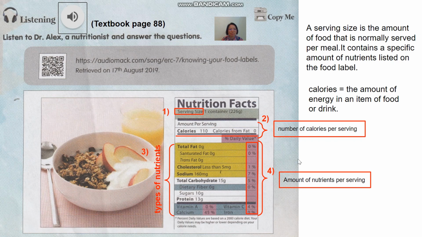Do you know what is the meaning of a serving size? Serving size is the amount of food that is normally served per meal. It contains a specific amount of nutrients listed on the food label. The information on the food label help people make healthy choices for their diet because the information helps them decide whether the food is good for their health or not.